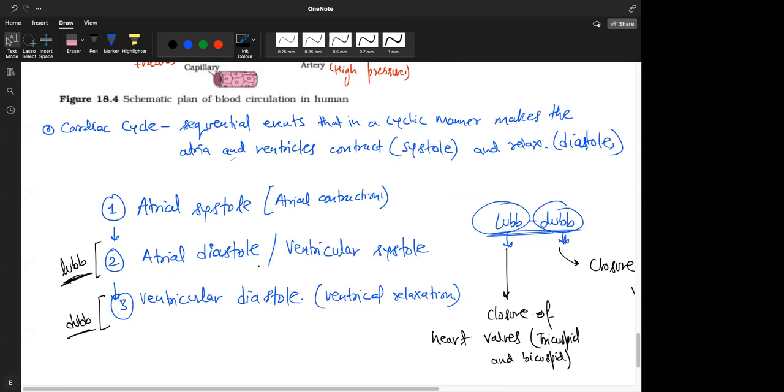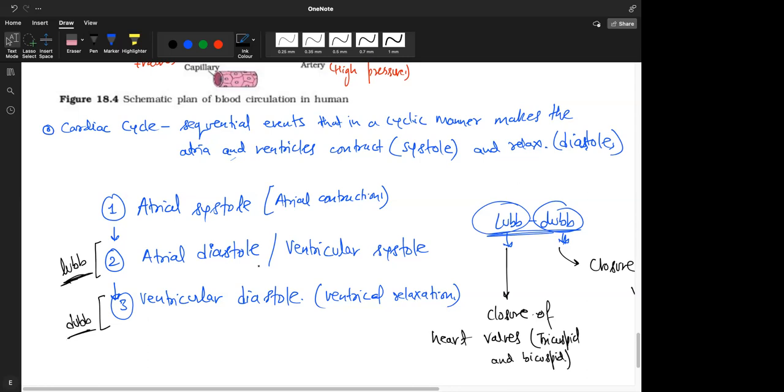But the duration of one cardiac cycle is 0.8 seconds. In 0.8 seconds, the heart pumps approximately 70 to 80 ml of blood, and that is called the stroke volume. The cardiac cycle can take more or less time.